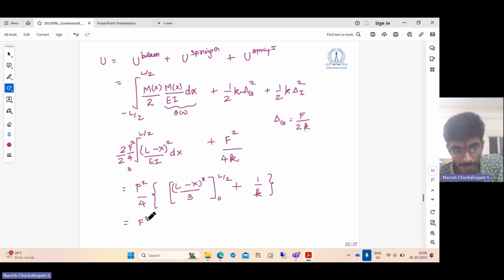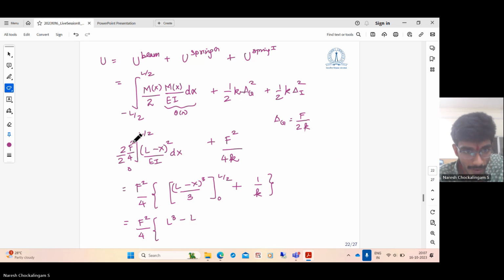So this transforms to F square by 4. This is nothing but L cube.